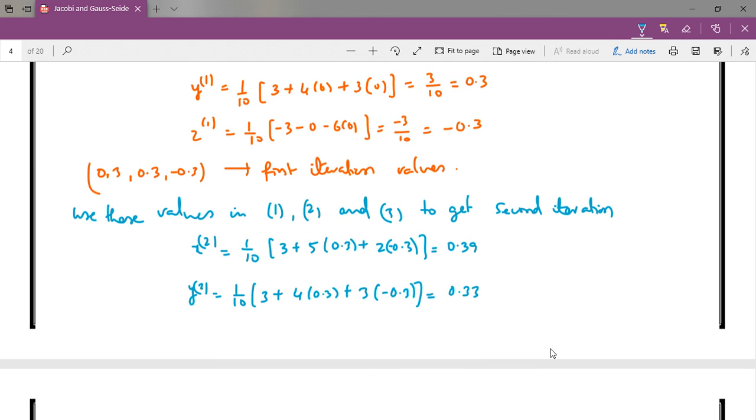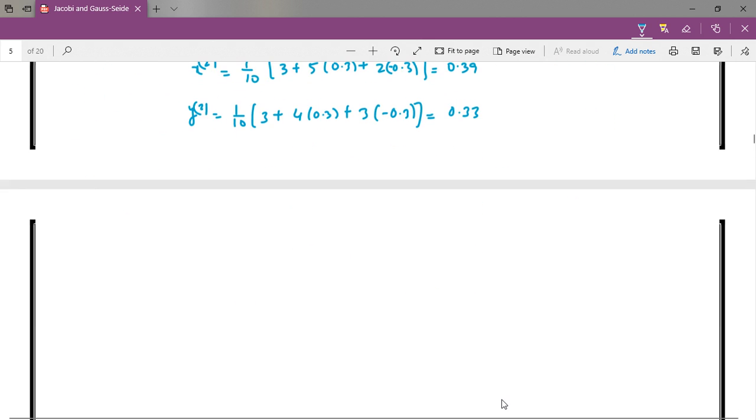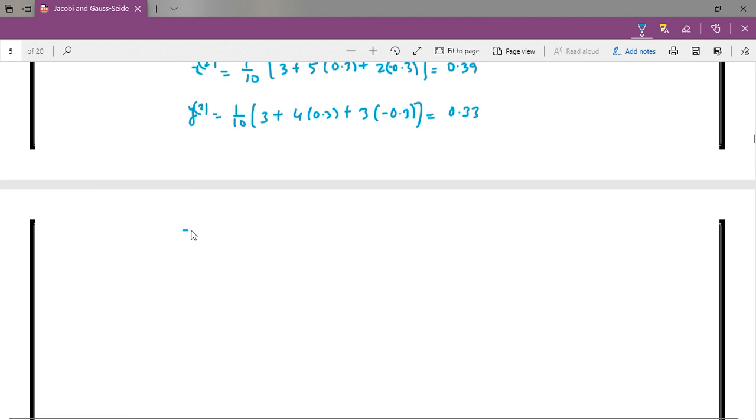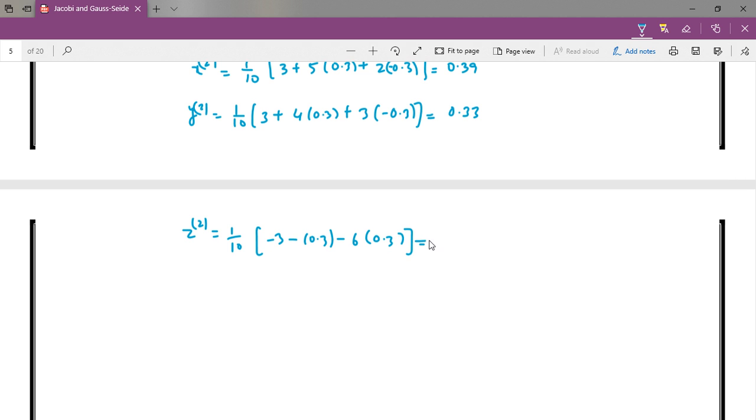Okay, so now similarly let us go for z2. So z2 is 1 by 10 into minus 3 minus 0.3 minus 6 into 0.3, so we get minus 0.51.